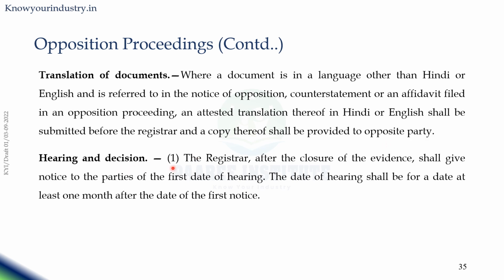Hearing and decision. The registrar, after the closure of the evidence, shall give notice to the parties of the first date of hearing. The date of hearing shall be for a date at least 1 month after the date of the first notice.